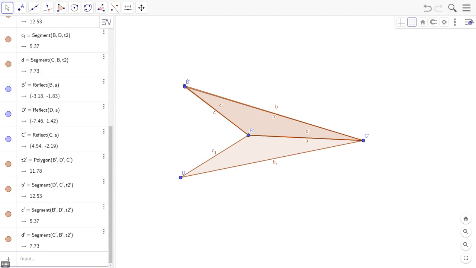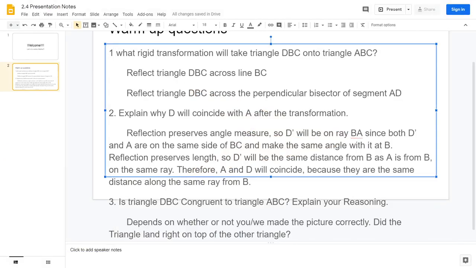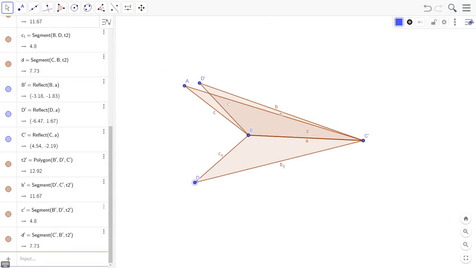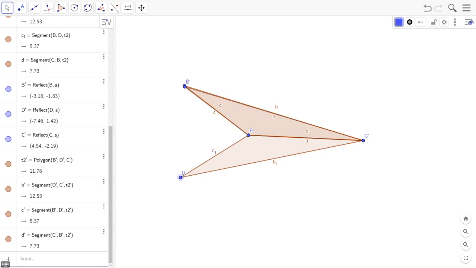So that brings us to our last question. Is triangle DBC congruent to triangle ABC? And explain your reasoning. It really depends on whether or not you made the picture correctly. At first, when I had my point D a little bit over here, they weren't really congruent. But if we move that point D around, we can make it pretty much a congruent triangle.